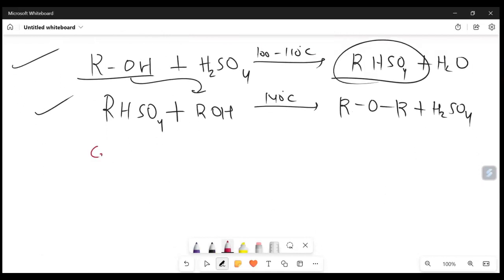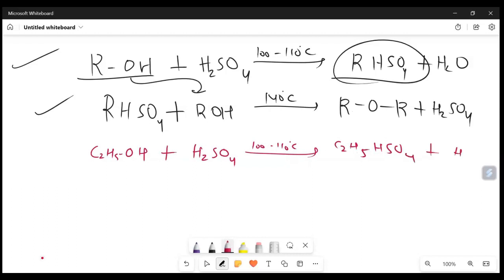The common example: C2H5OH reacts with H2SO4 at 100 to 110 degrees Celsius. It will give C2H5HSO4 and a water molecule will be released, dehydrating. This is called ethyl hydrogen sulfate.